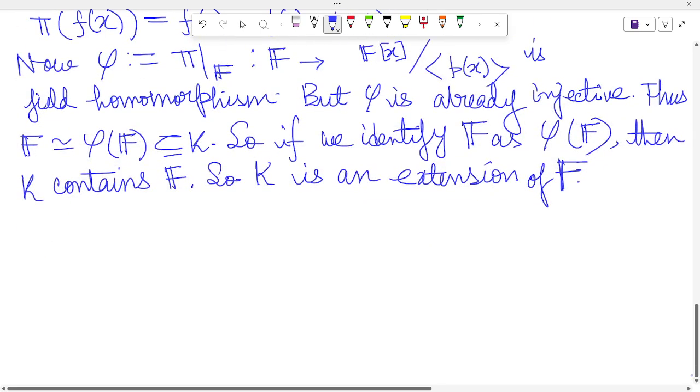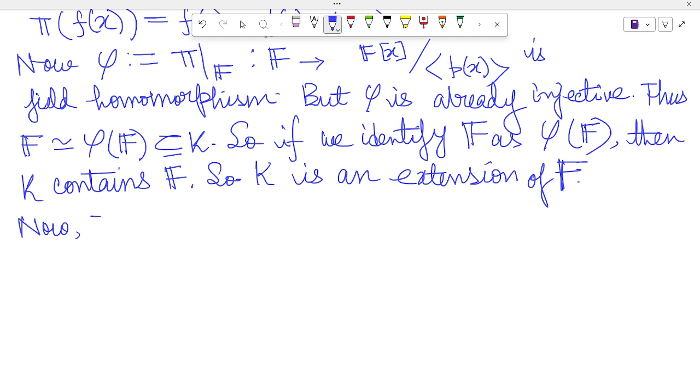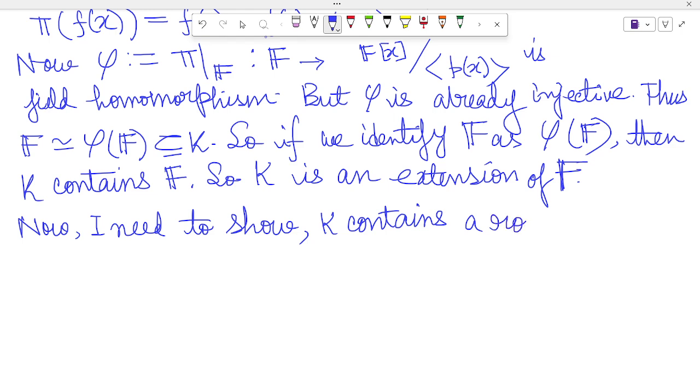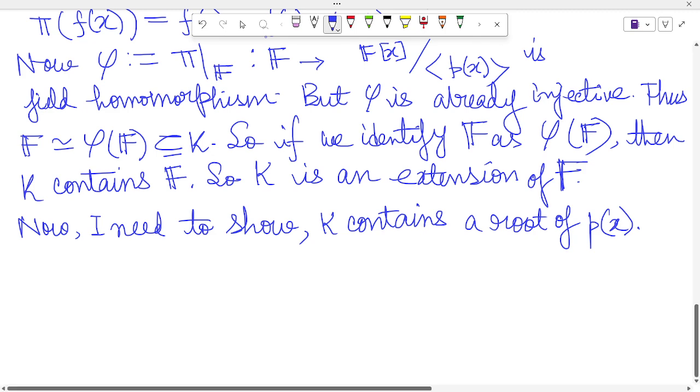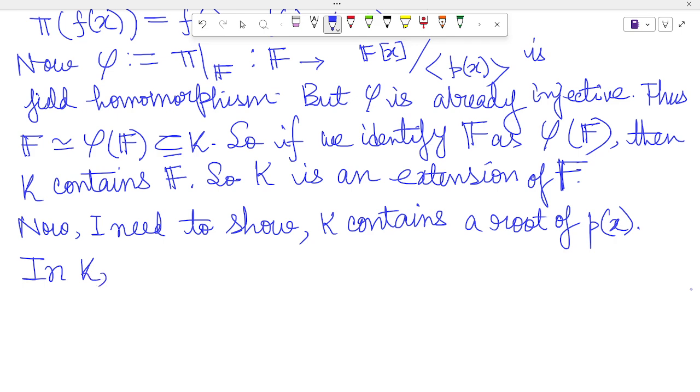Now I show that p(x) has a root. So in K we denote pi of x as x bar.